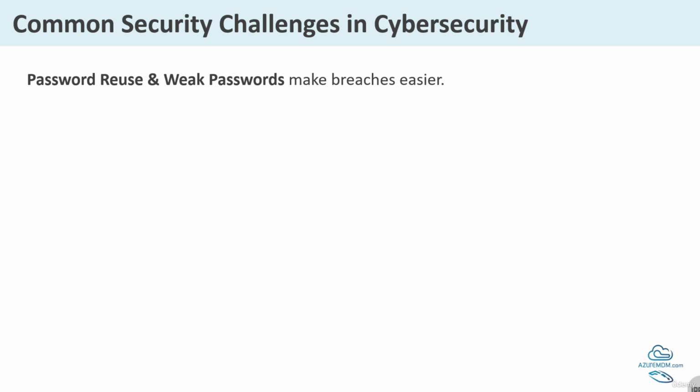For example, if your LinkedIn password is leaked, hackers try it on your email and bank accounts as well. If the same password is used everywhere, they will be able to access it without any challenges. Prevention here is to use a password manager and create strong, unique passwords for every account.